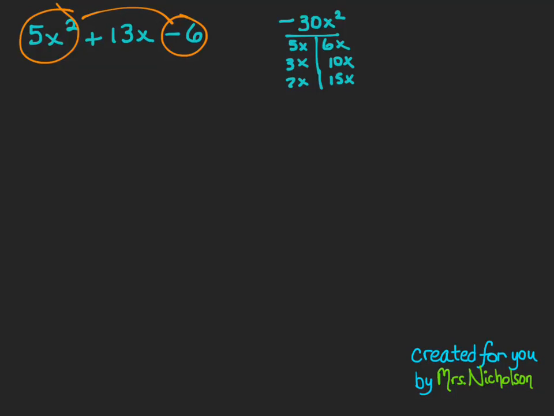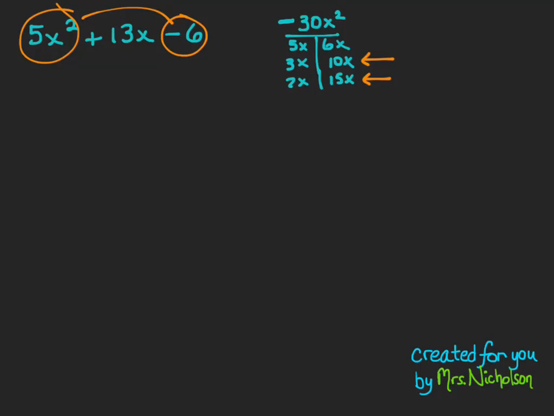And I'm looking for factors that will give me 13 in the middle. Now this question is a little bit tricky because if you notice, 3 plus 10 gives me 13, but 15 minus 2 gives me 13. So I've got two sets of factors that could give me 13. But remember, my 30x squared is negative.